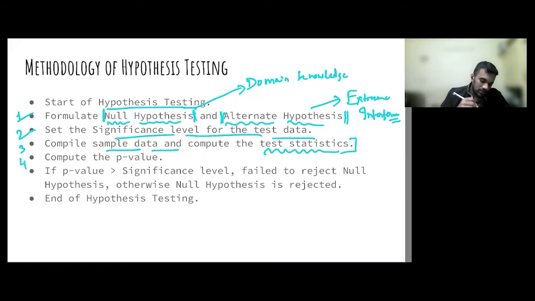Then the next step is to compute the p-value. As I have defined earlier, the p-value is basically the probability that the sample data is observed given that H naught, the null hypothesis, is correct.